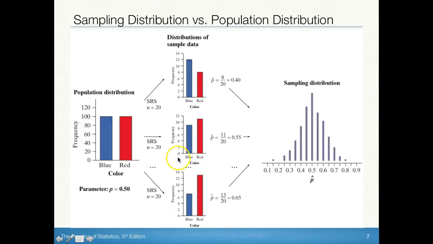And we would do this process again and again and again. If I had all possible samples of size 20, then I would have this as my sampling distribution. Notice where the center of my sampling distribution is, and notice that our true population proportion is 0.5.